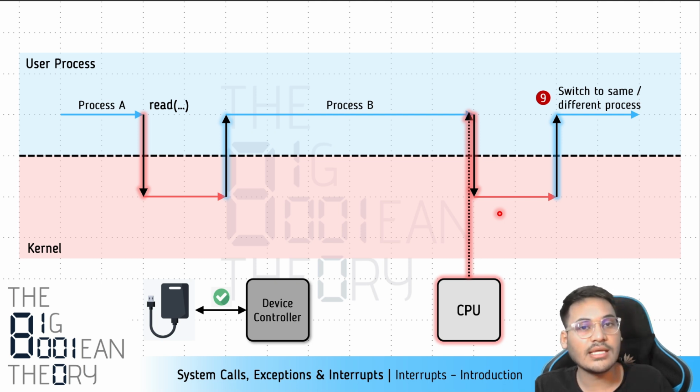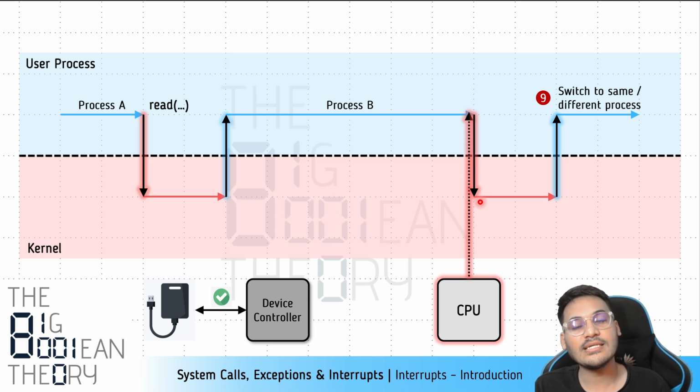The operating system can select process A for execution, because process A had requested the read operation, and now since the IO operation has completed, it's a good idea to run process A. Or process B can also be allowed to run because it was anyway executing on the CPU. It had been interrupted, and the operating system can choose process B also. And another option is that the operating system can select some other process, not A, not B, depending on whatever policy the operating system follows.